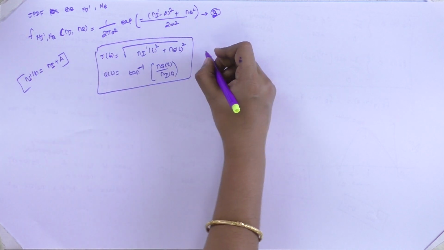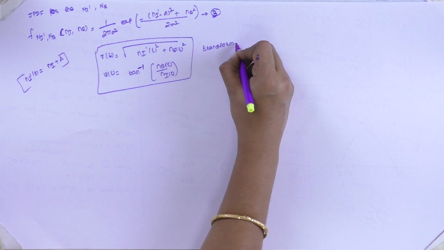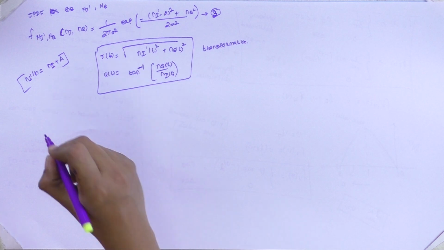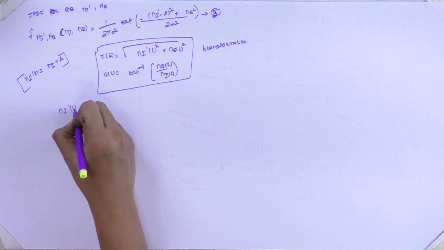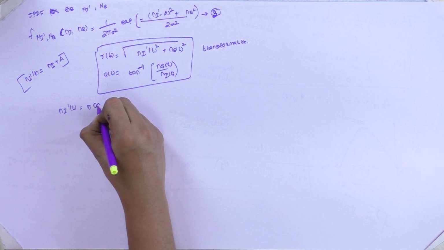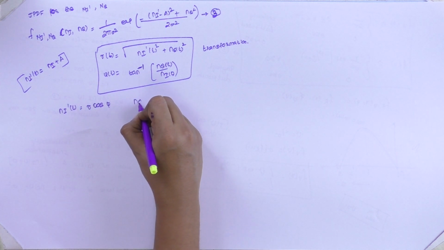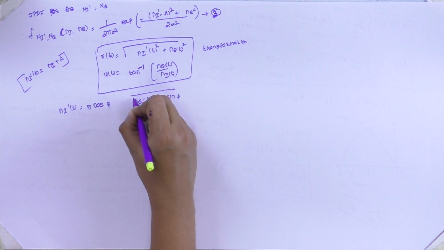This is the transformation from the in phase to the envelope and phase components. We are going to substitute here. Ni instead of dash we can say prime also. Therefore, ni prime of t is equal to R cos psi, and nq of t is equal to R sin psi.